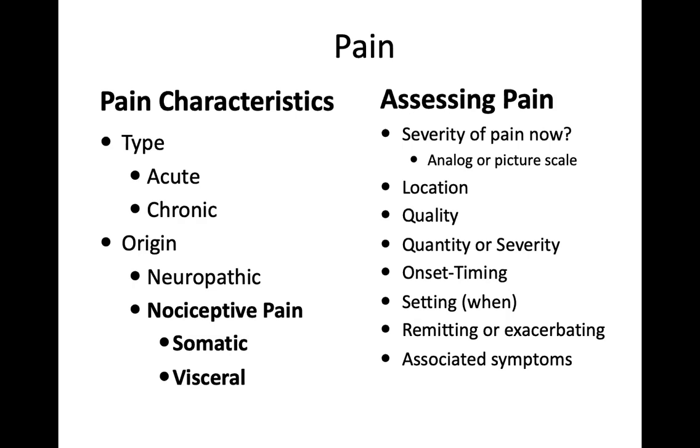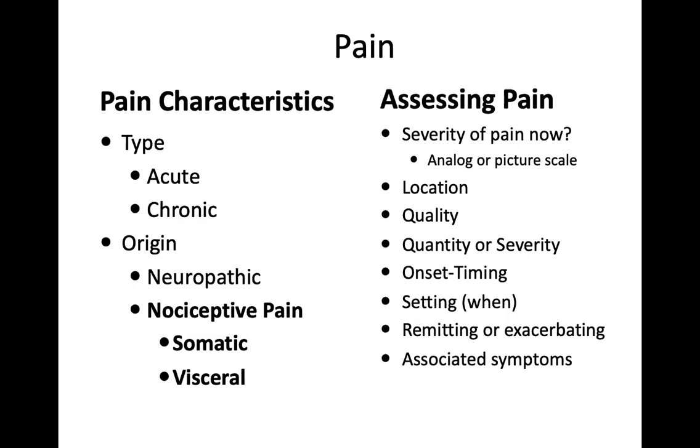How often is it happening and the severity of it, okay? Onset, when does it happen? Does it happen when you get up and get active? Does it wake you up in the middle of the night? Those kinds of questions. And how long does it last? And then remitting and exacerbating factors: what helps it and what makes it worse?